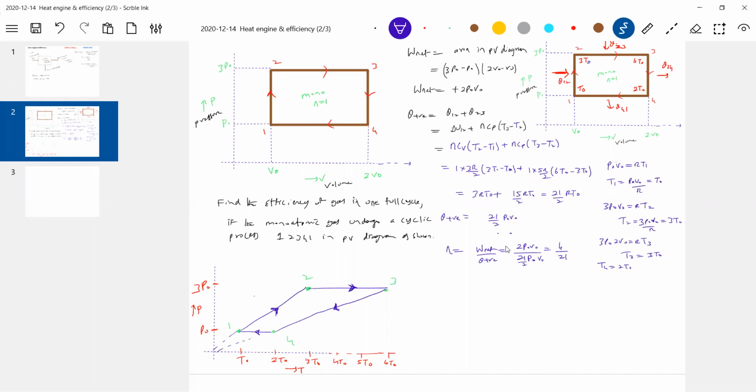Strictly straight line passing through origin. That's the basic condition. Okay, got this? This is the PT graph.